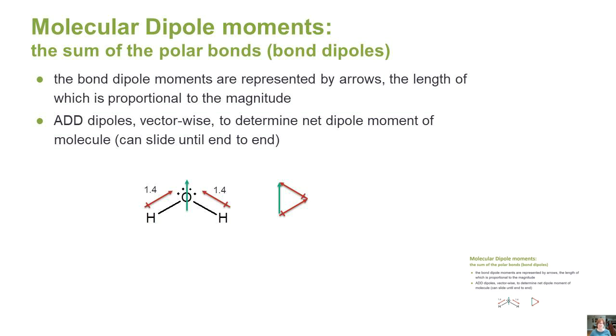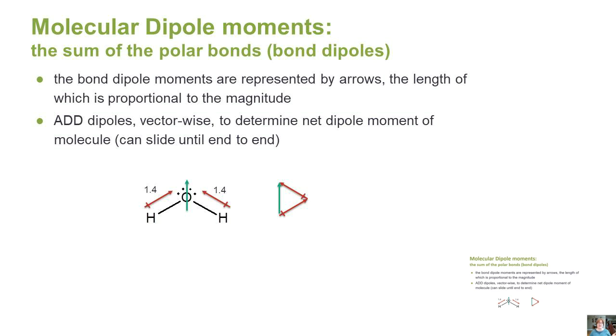So I'm going to take one and leave it alone, and take another one and slide it so that the point of the first one is right up next to the tip of the end of the other one. So I'm going head to tip, and I see both of these, and then I can complete from the original start to the original arrow ending.